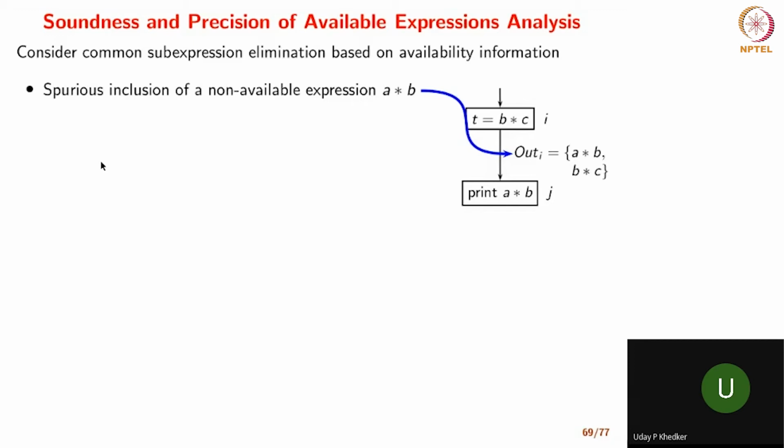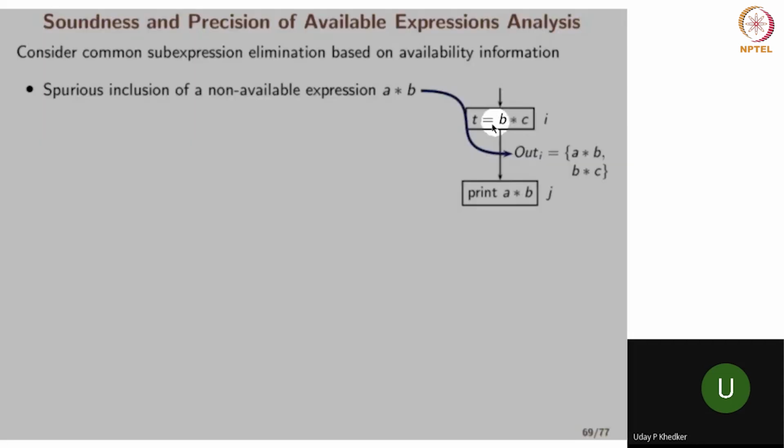Again, we create similar examples. So here we have B star C as available, but we do a spurious inclusion of a non-available expression. We mark A star B also as available.